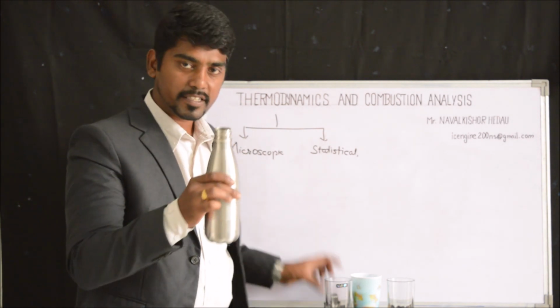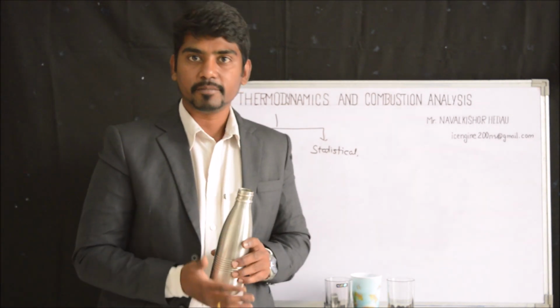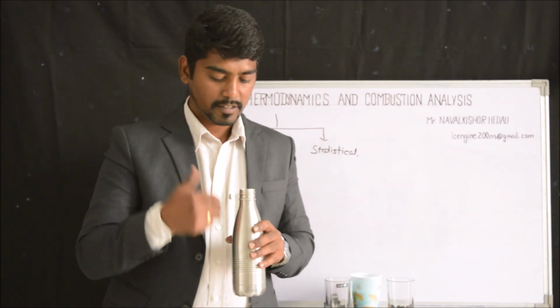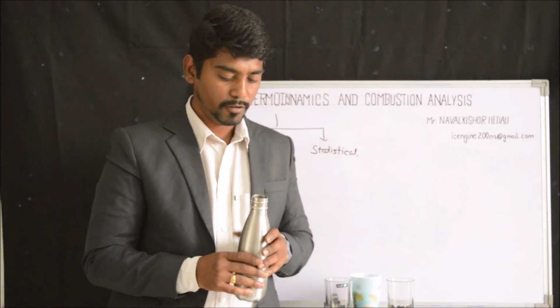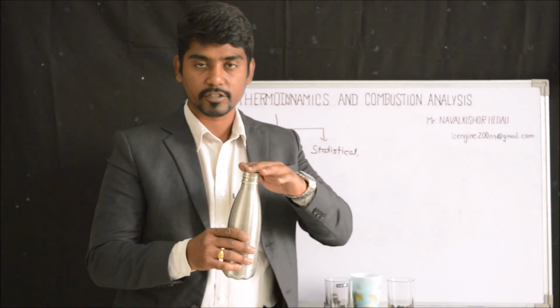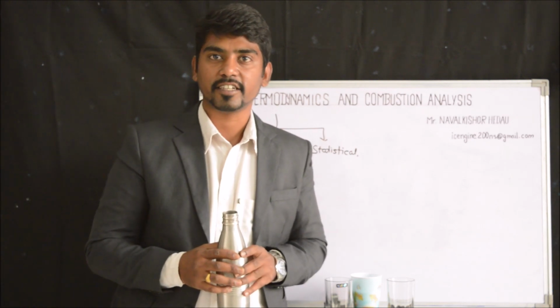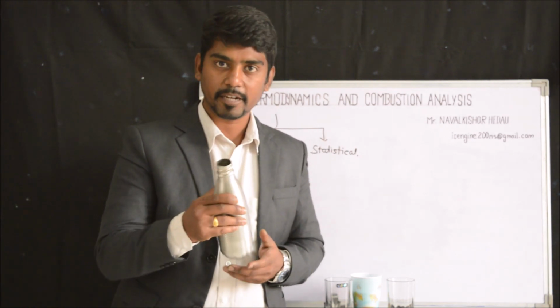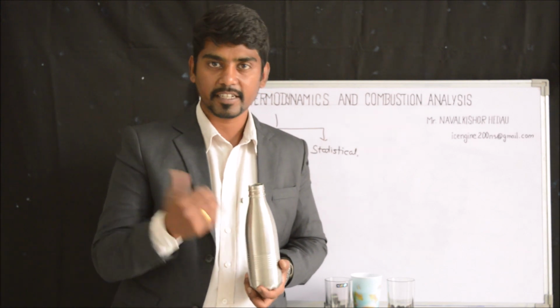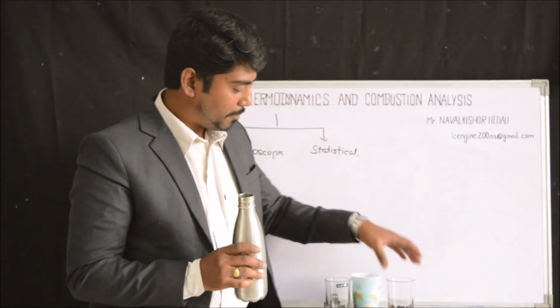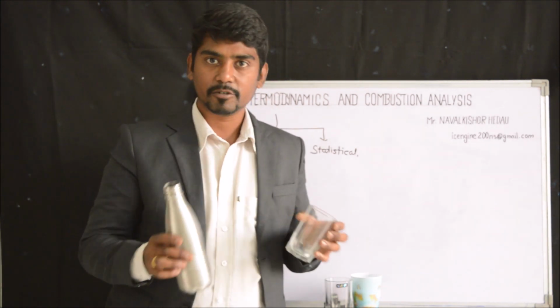When I open this container, this becomes an open system. The mass can overflow from the boundary, that is the surface over here, and also the heat energy is trying to escape through this opening. So this becomes an open system where mass and energy can exchange from system to surrounding.